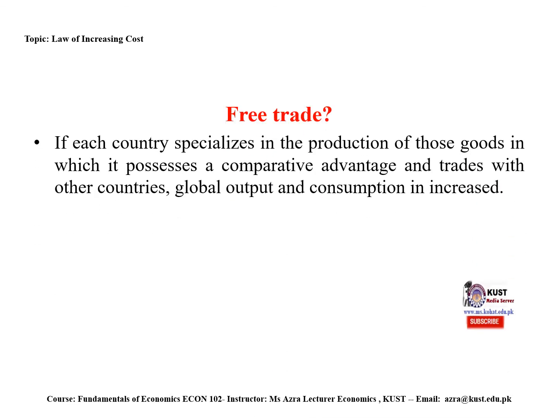What is free trade? How will we explain free trade? If each country specializes in the production of those goods in which it possesses a comparative advantage and trades with other countries, global output and consumption is increased.